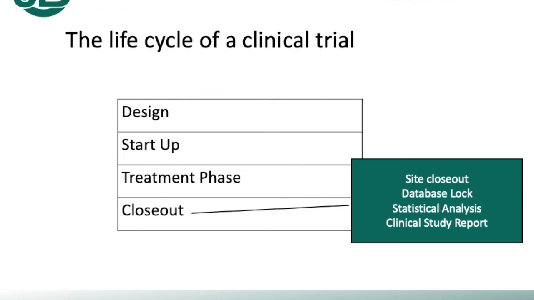And then that statistical analysis will be used to write a clinical study report. So the last thing that we do is to write a report that summarises all of the data, but also talks about the conclusions. So it answers those questions that we talked about in the design phase. So does it work? Does the product work? Does it do what we want it to do?